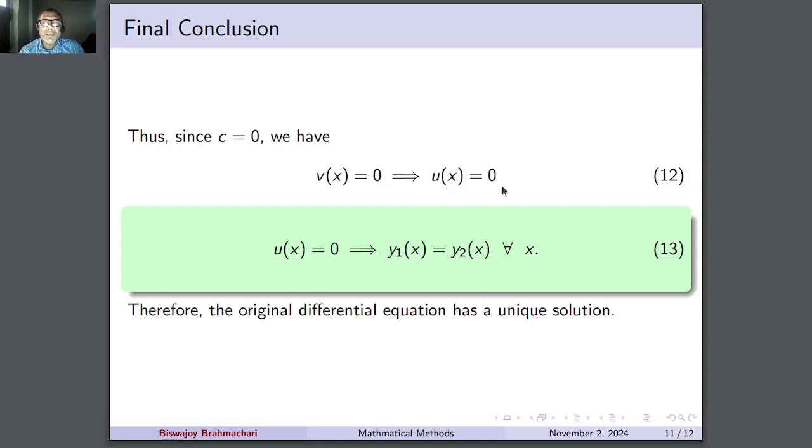So u of x equals 0 for all values of x, which means y1 of x is equal to y2 of x for all values of x. Therefore, the original differential equation must have a unique solution. So I hope this was interesting, and thank you for watching.